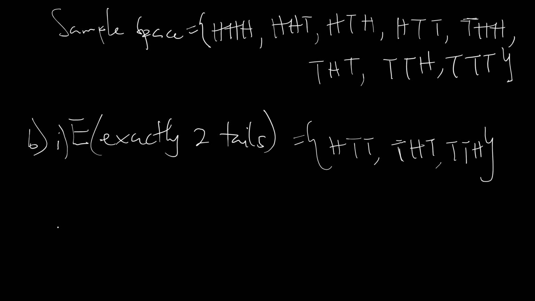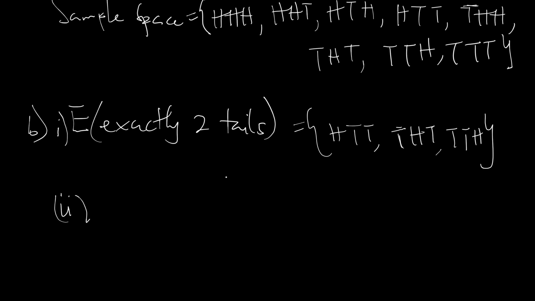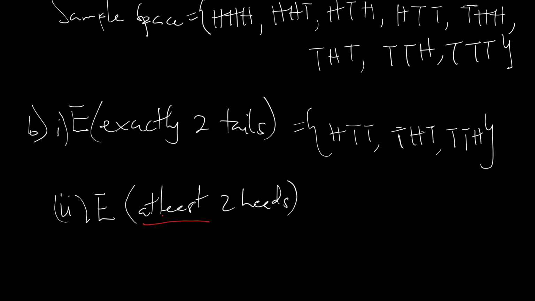So this, ii. At least 2 heads. So the event of obtaining at least 2 heads. The key word here is at least. So it means 2 heads or more. So we have 3 heads here, which is 2 or more. We have 2 heads here, we have 2 heads here.